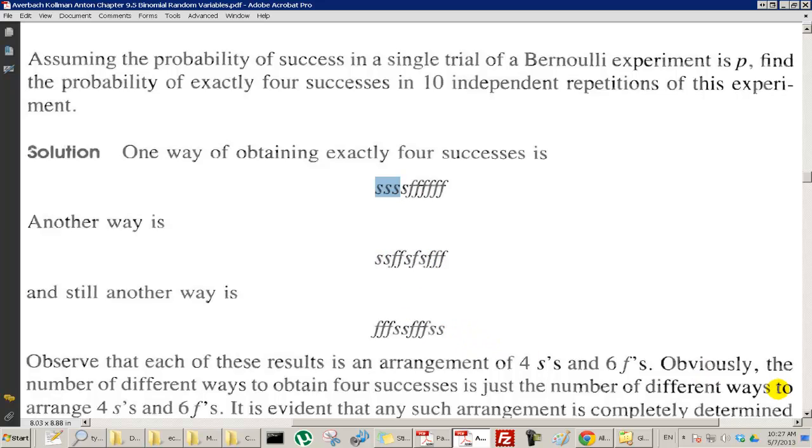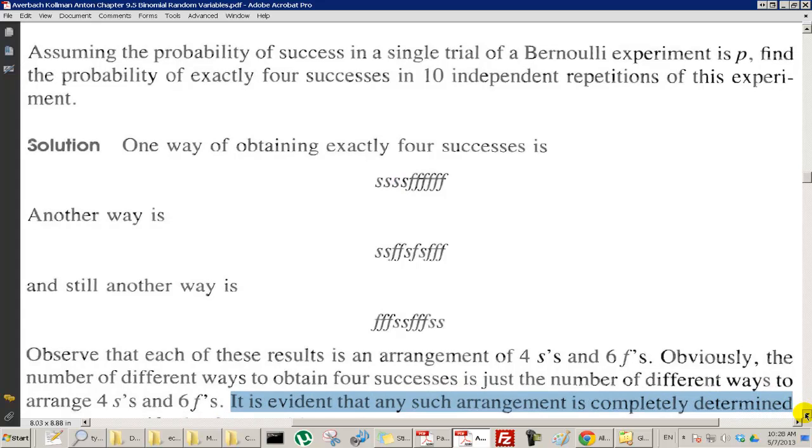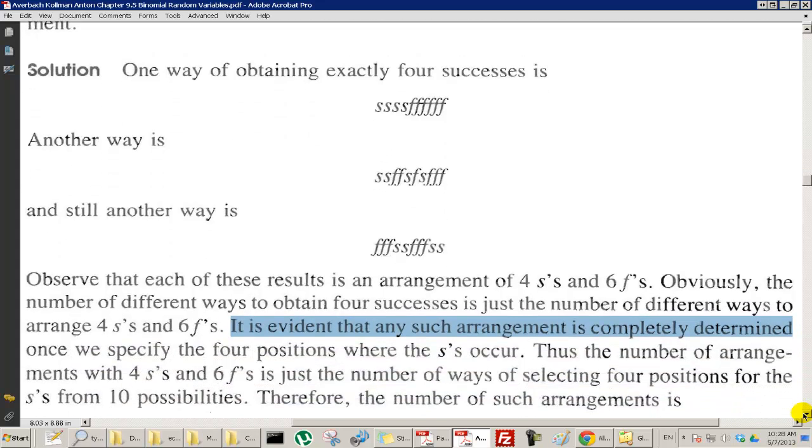It is evident that such an arrangement is completely determined once we specify the 4 positions where the S's occur. So if I say the 4 S's are going to occur at the beginning, then the F's will be everywhere else.